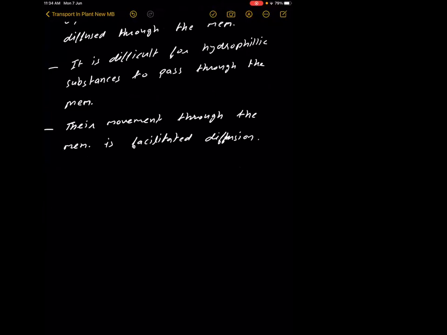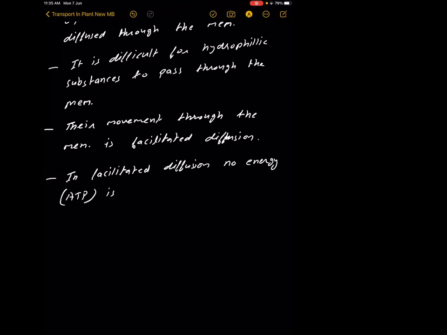Okay, it is called facilitated diffusion. Here actually no ATP is used in facilitated diffusion. No energy means no ATP.